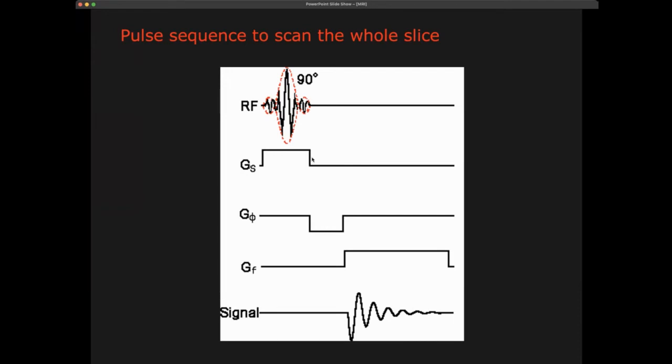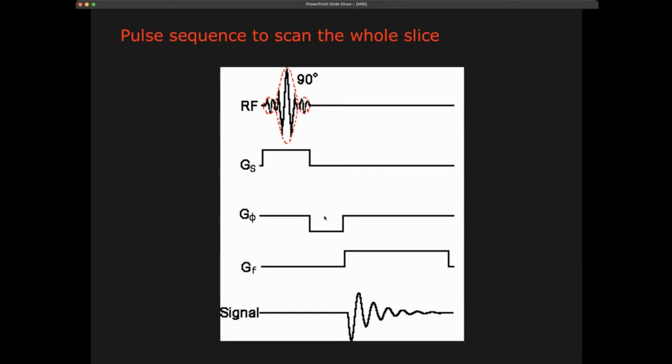Once this is done, that means that we have only flipped the protons in a certain plane. Then I switch on a phase gradient for a certain amount of time. And then I switch on a frequency gradient, and during this frequency gradient, I measure the signal.